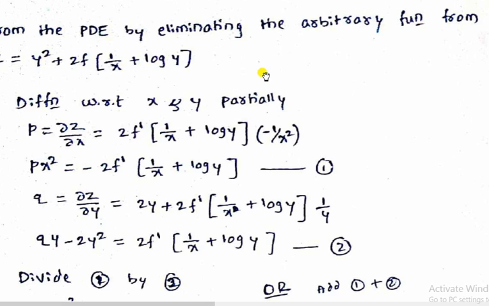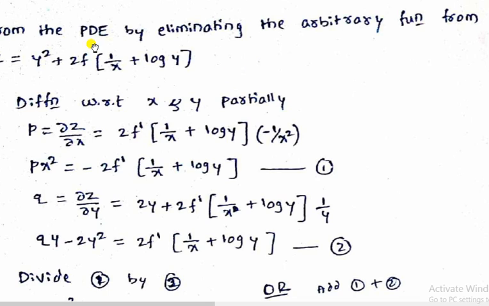This procedure is similar to eliminating arbitrary constants. In place of arbitrary constants, we eliminate the arbitrary function by differentiating with respect to x and y partially.